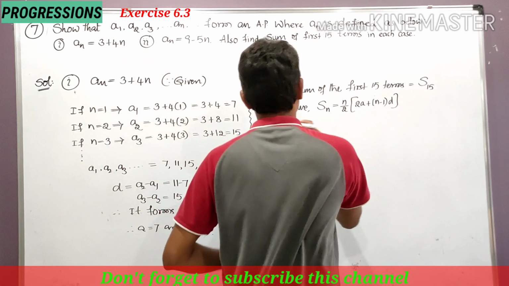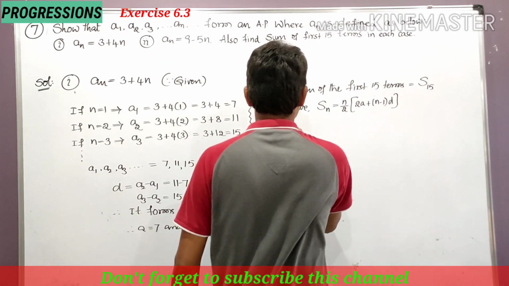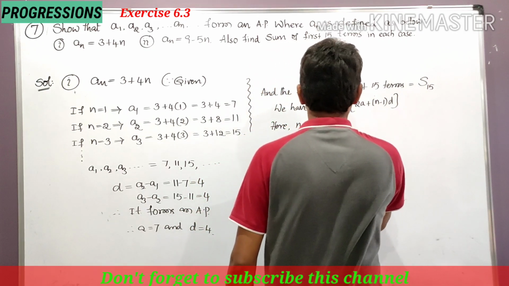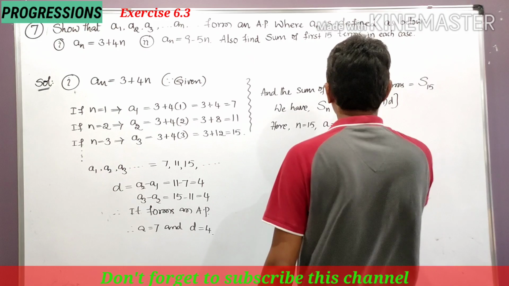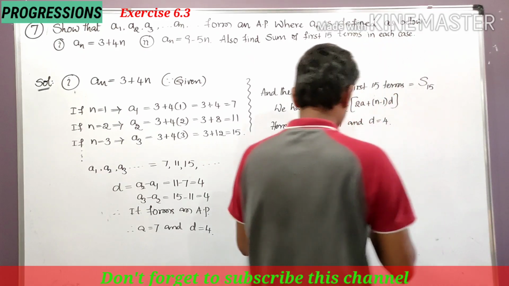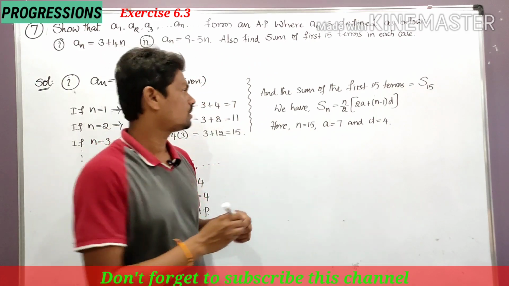So here n is equal to 15, a is equal to 7 and d is equal to 4. We just have to substitute all the values in the formula.